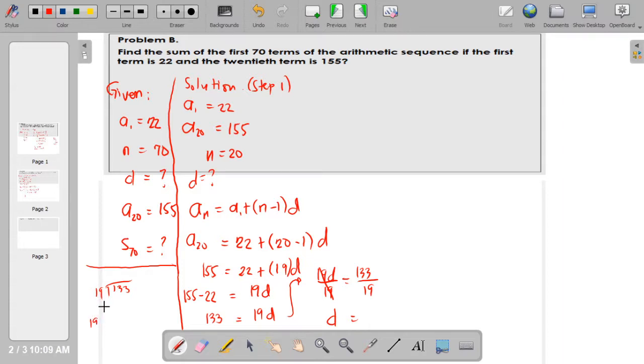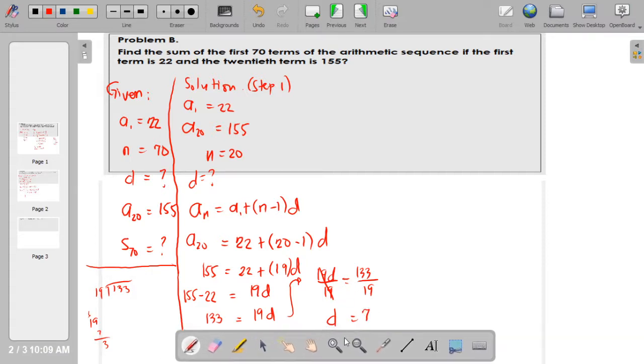Probably 7. 7 times 9 is 63. 7 times 1, 7, 13. Okay, very good. So this is equal to 7. So our common difference is equal to 7.